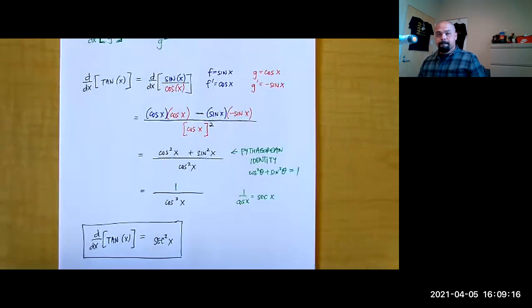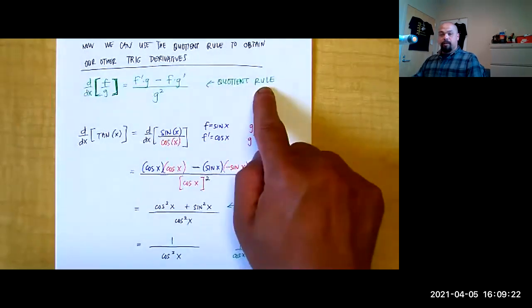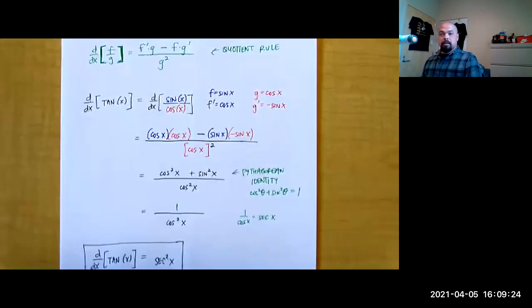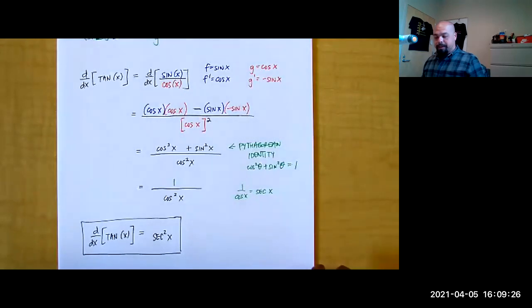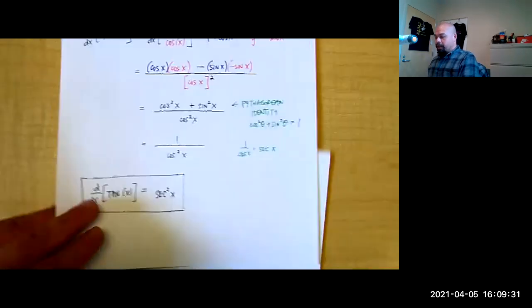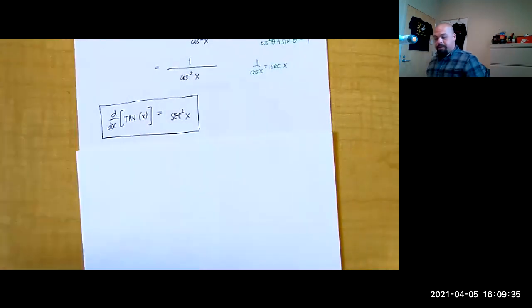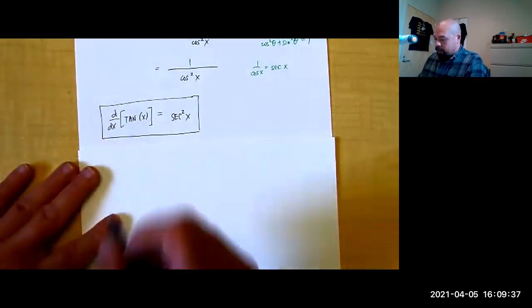Okay, so we can use that quotient rule to create this differentiation rule for the tangent instead of having to go through the limits. Okay, and so then the others, I'll let you practice and create, right?